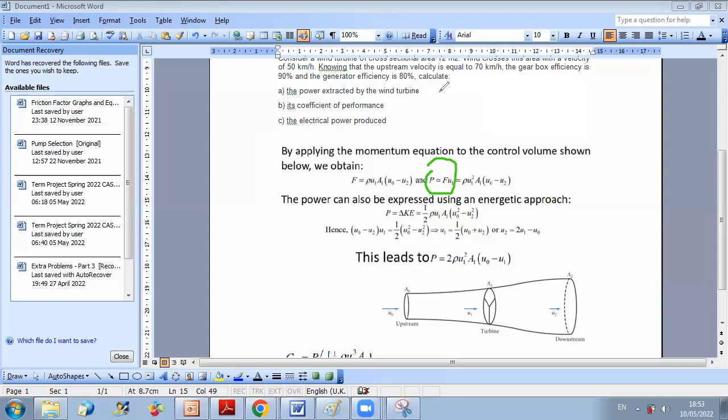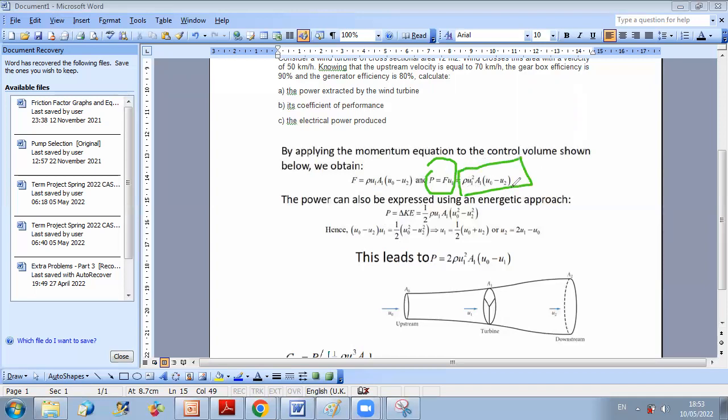So here, the first question is to get the power extracted by the wind turbine and to compare it to the maximum power we can extract. Okay, so from the momentum analysis, we can get the expression of the power.